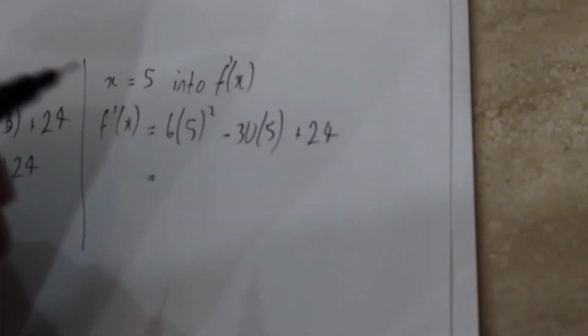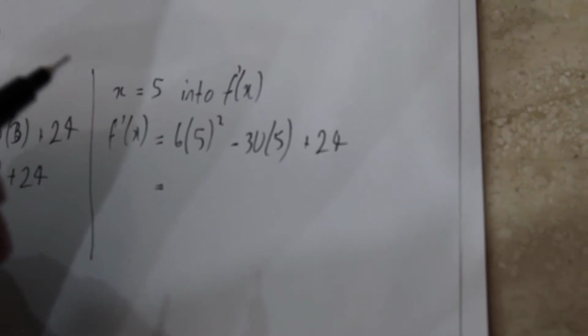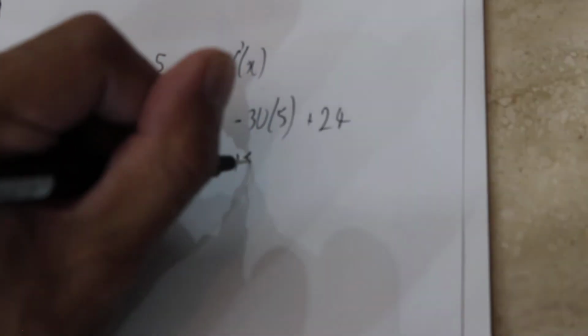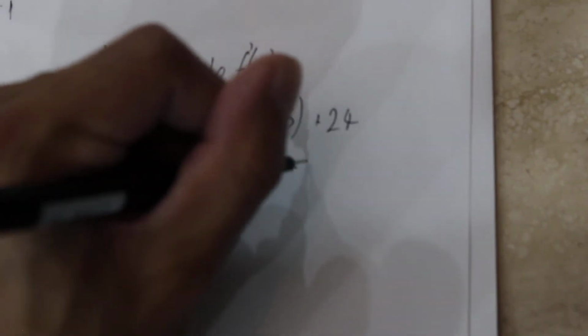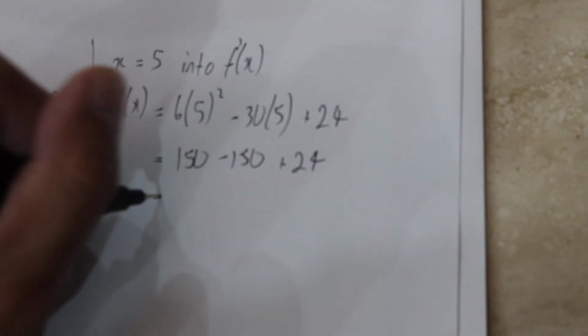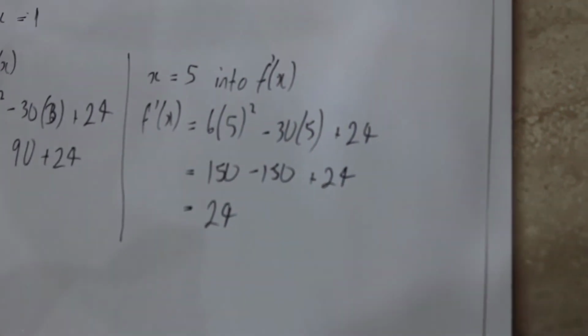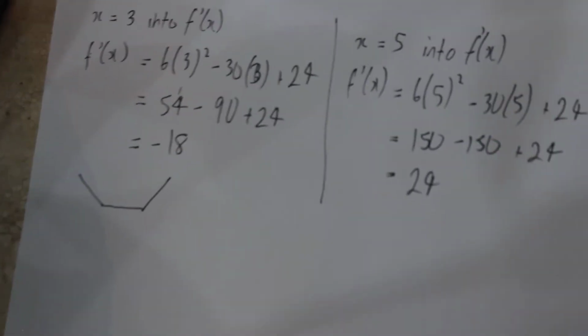This equals 6 times 25, which is 150, minus 150 plus 24, which evidently gives us 24, a positive slope. So our slope is going to continue upwards.